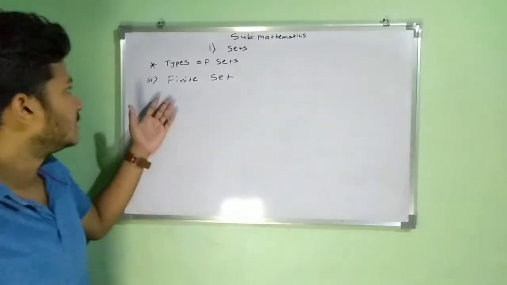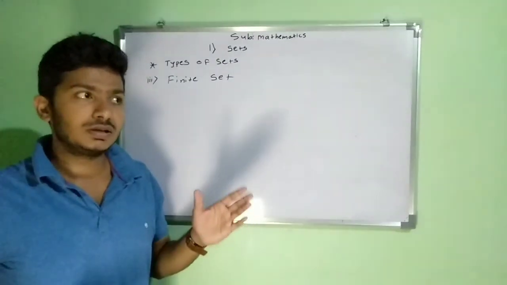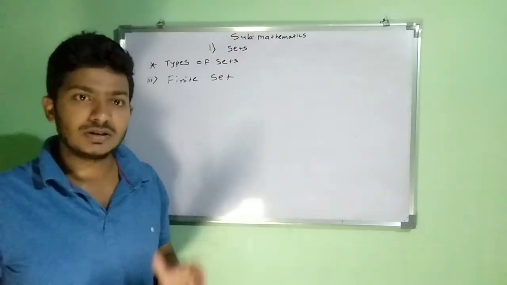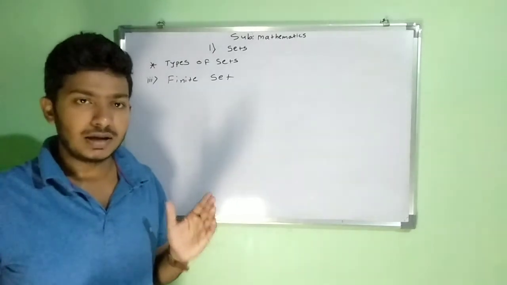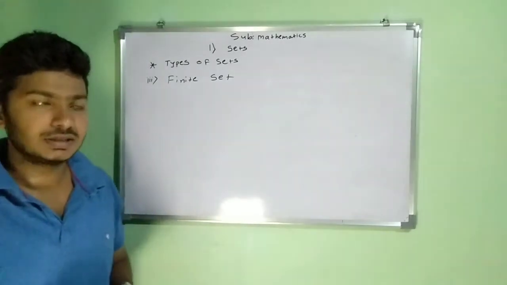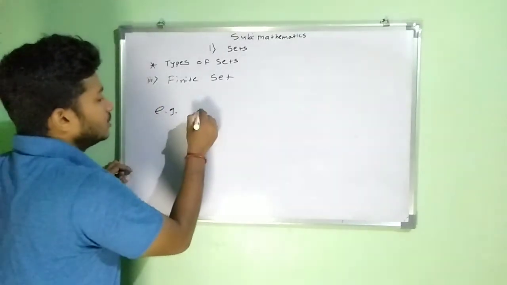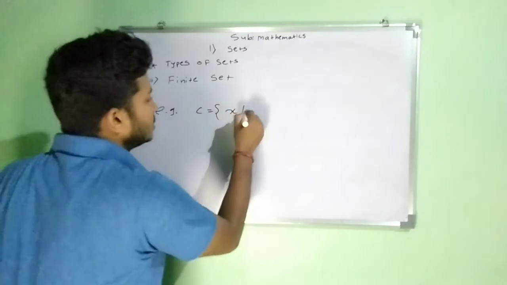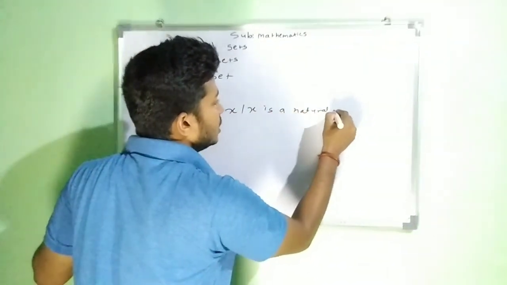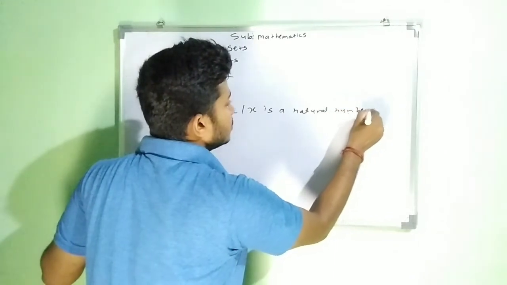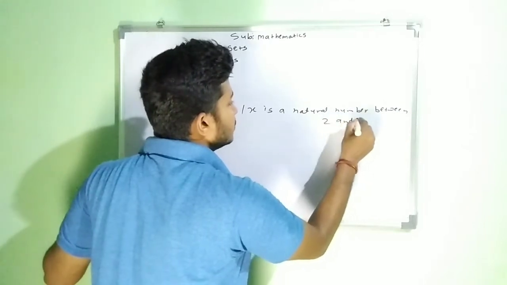So our third subtopic is finite set. The definition of finite set: if the set is a null set or the number of elements of the set is limited and countable, then that set is called a finite set. For example, we have a question like this: x such that x is a natural number between 2 and 5.